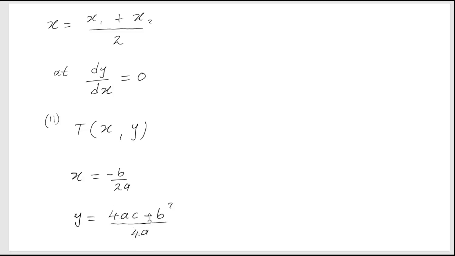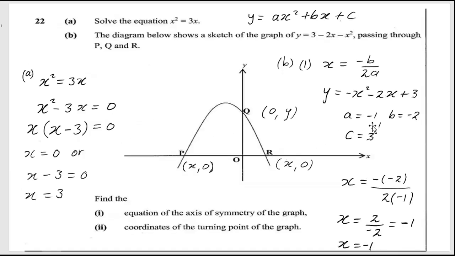We already have a, b, and c, so it's just a matter of replacing them there. We have a is negative 1, b is negative 2, c is 3. It's the same way we replaced b and a in the formula to find x.